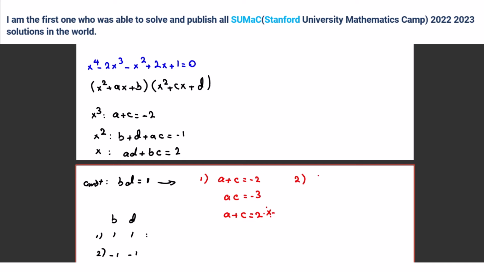Now second case. A plus C is -2. What about the second equation? AC is equal to 1. AC is equal to 1. What about the last, third equation? Minus A minus C is equal to 2. Yes, or A plus C is equal to what? -2.